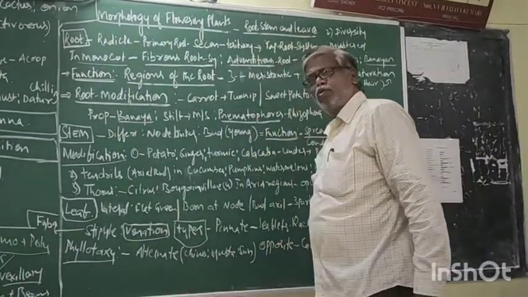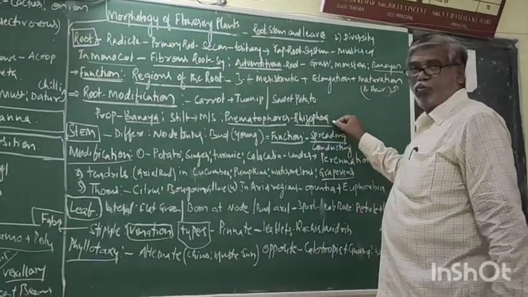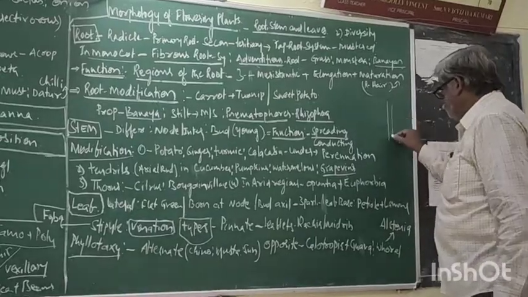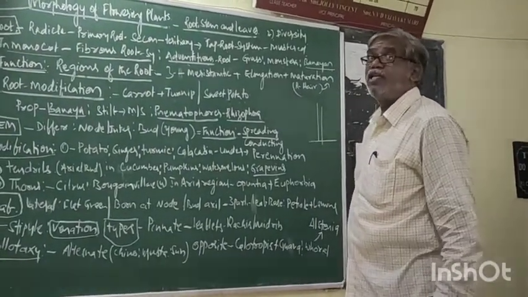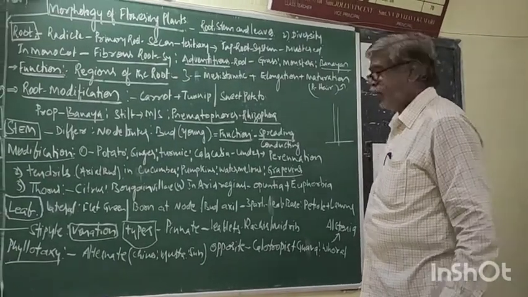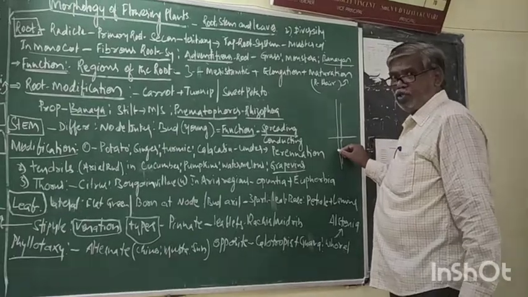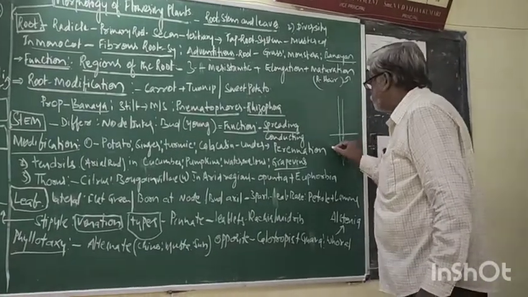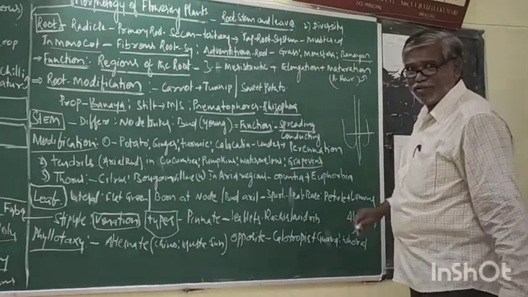Now come to another most important plant, the plant called rhizophora. It is a plant which lives in damp, moist soil. Now what is its root? The primary roots form secondary roots. The secondary roots move upward, aerial.